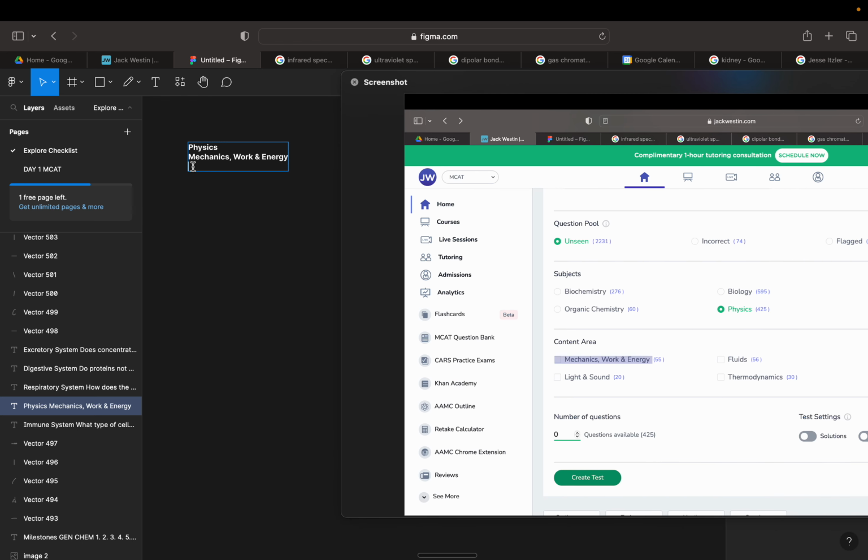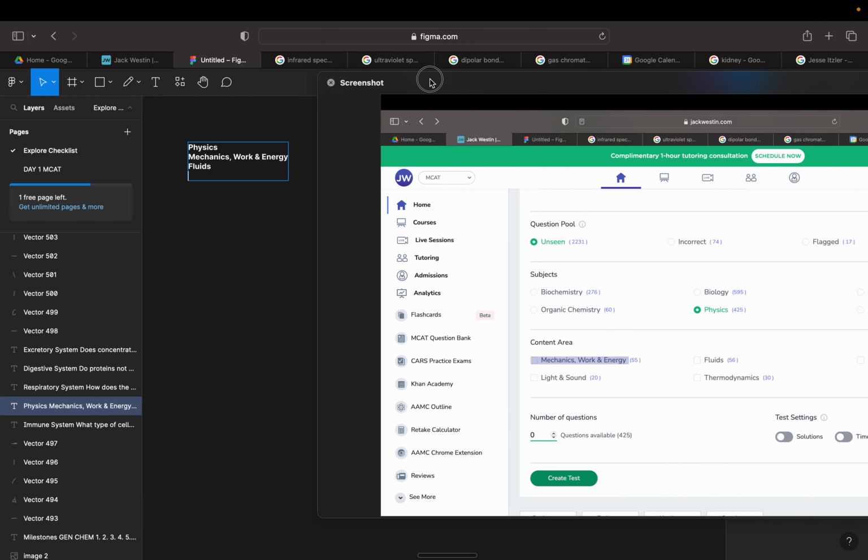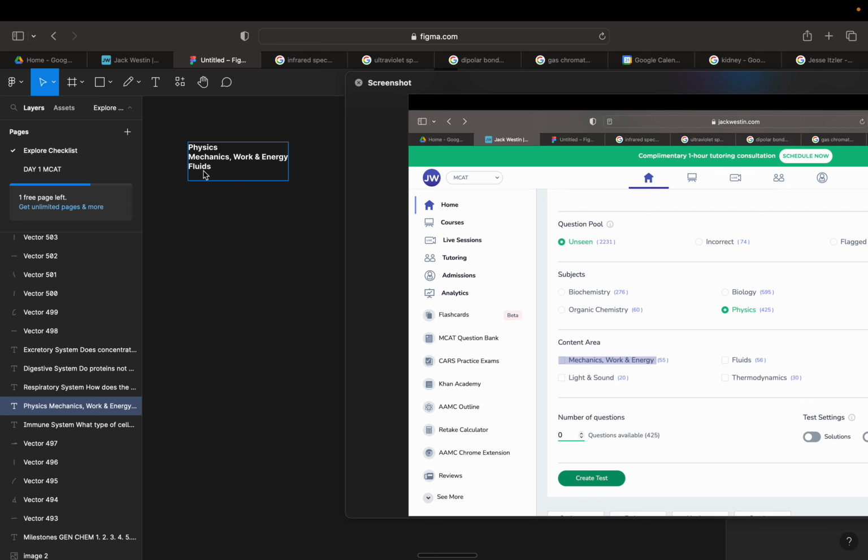so we can also write down here mechanics, work, and energy, fluids, electrostatics, magnetism, and circuits, then we have light and sound.